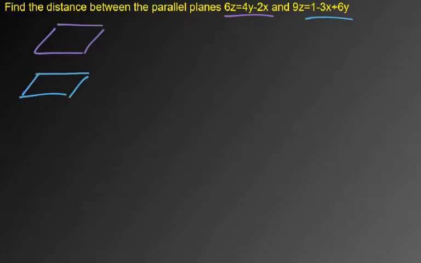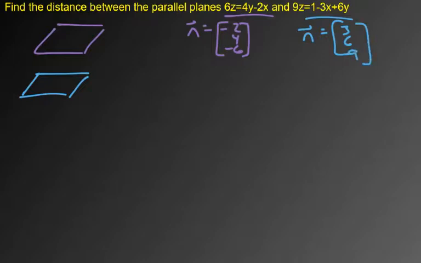And they're definitely parallel because the normal vector for the purple one could be written as -2, 4, -6, if you just move that 6 over. And then the normal vector for the blue one would be, let's see, we'll do it 3, 6, 9, if you move these x and y's over, okay?